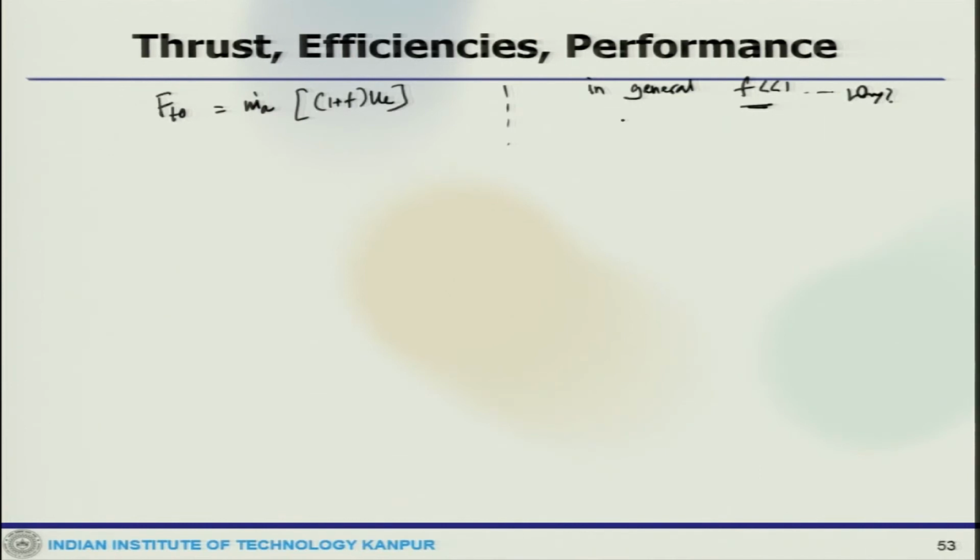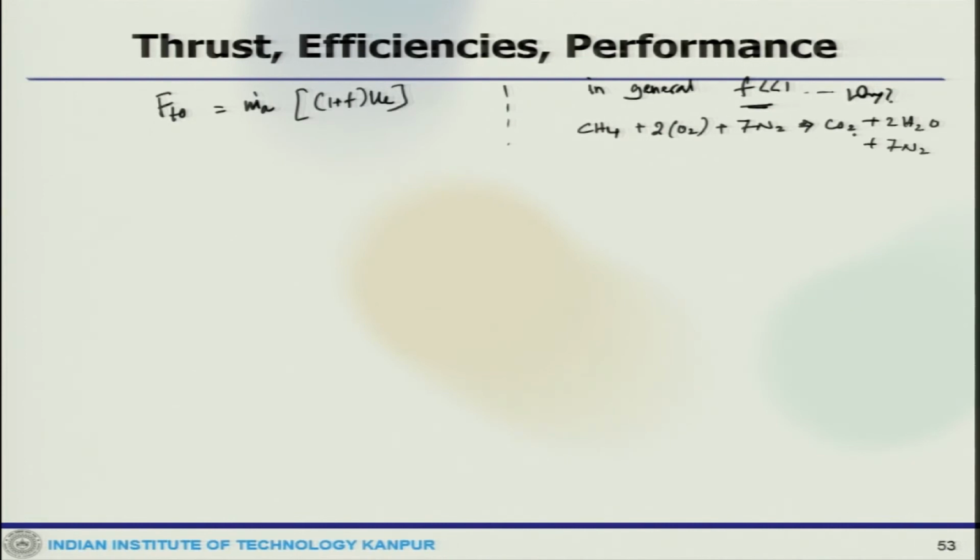Let us say any hydrocarbon fuel you take, let us take the simple one, typically methane. So, just look at the methane combustion. So, this is CH4 plus 2 O2 plus 7.52 N2, which will lead to CO2 plus 2 H2O plus 7.52 N2.